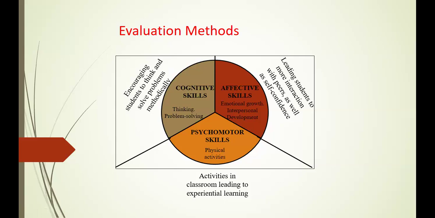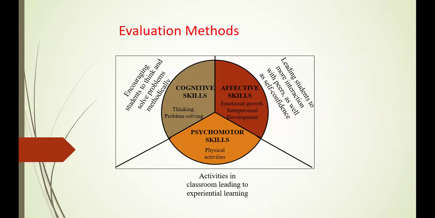When we come to the evaluation types, we can see placement tests in the classroom and also formative, diagnostic, and summative tests. In all these test types, we find merits and demerits.